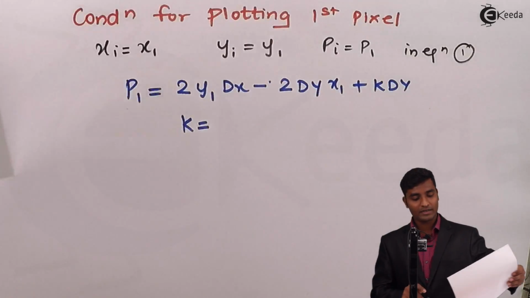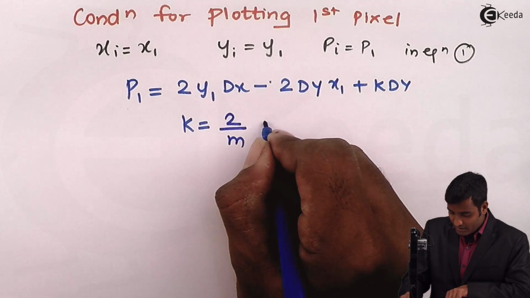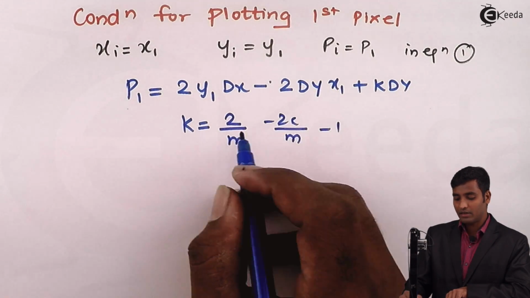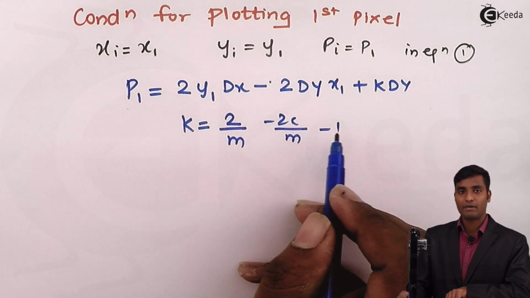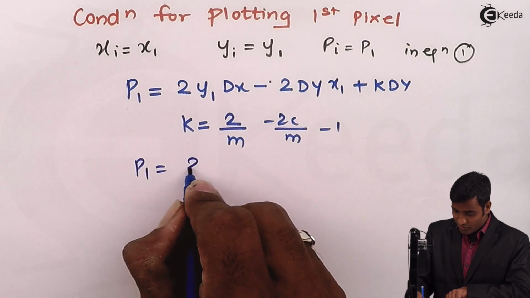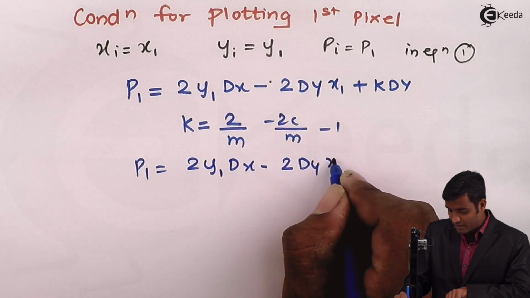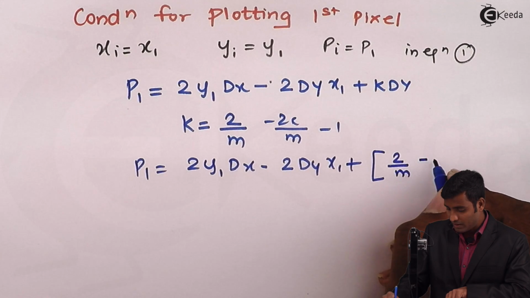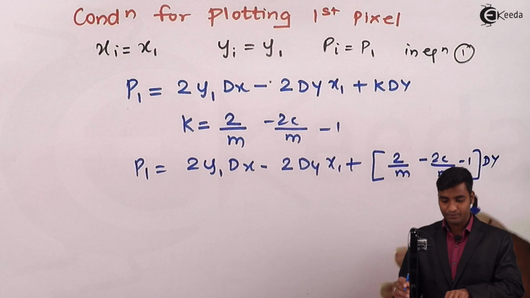Now I will replace k as 2 by m minus 2c by m minus 1. So it will become p1 equal to 2 y1 dx minus 2 dy x1 plus 2 by m minus 2c by m minus 1 into dy.